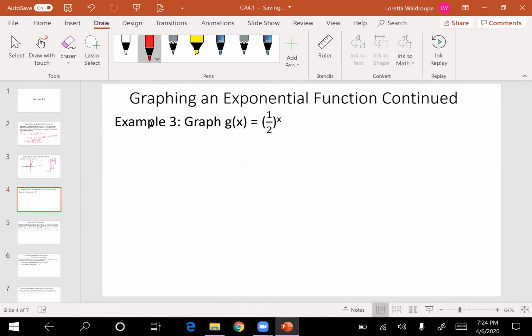What about 1/2 to the x power? Again, I'm going to pick the same values.